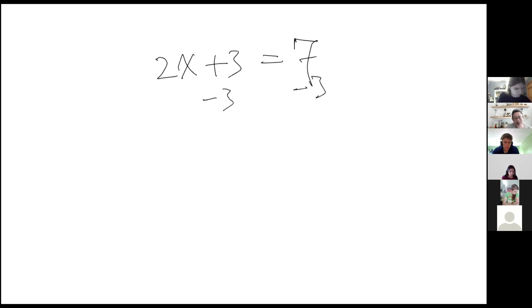I'm going to use an example: 2x plus 3 equals 7. The first thing we do is minus 3. Now, what property are we using here? Distributive? Nope.